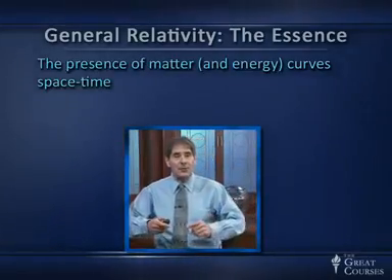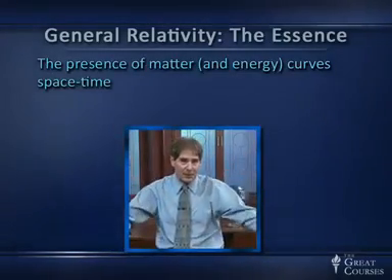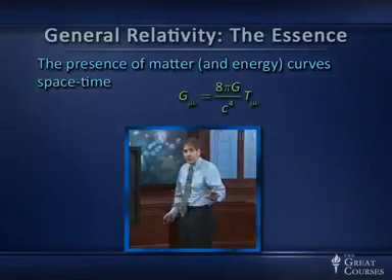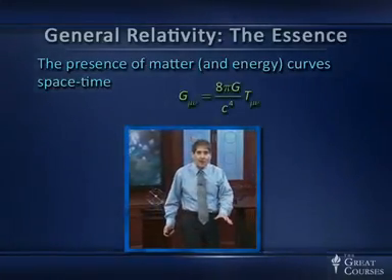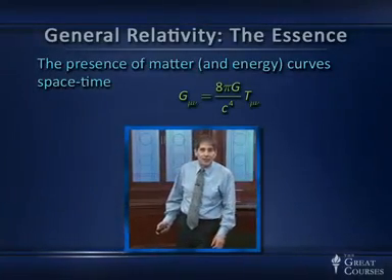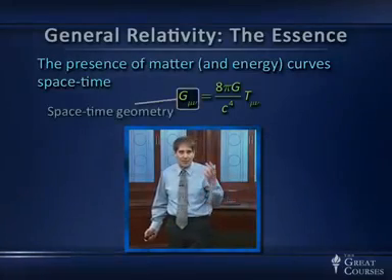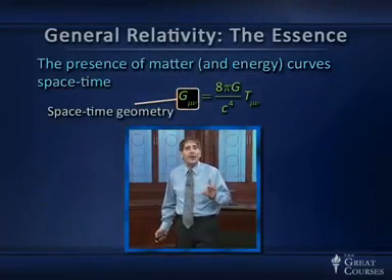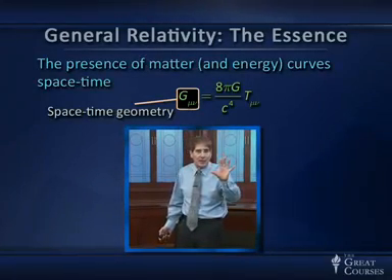This is analogous to Newton's statement that mass gives rise to gravitational fields. And here's the equation, and I'm not going to derive this equation, I'm not going to say a whole lot about it, but what the equation does is relate something about the space-time geometry, this big capital G with those subscripts Greek mu and Greek nu, which talks about the geometry of space-time.